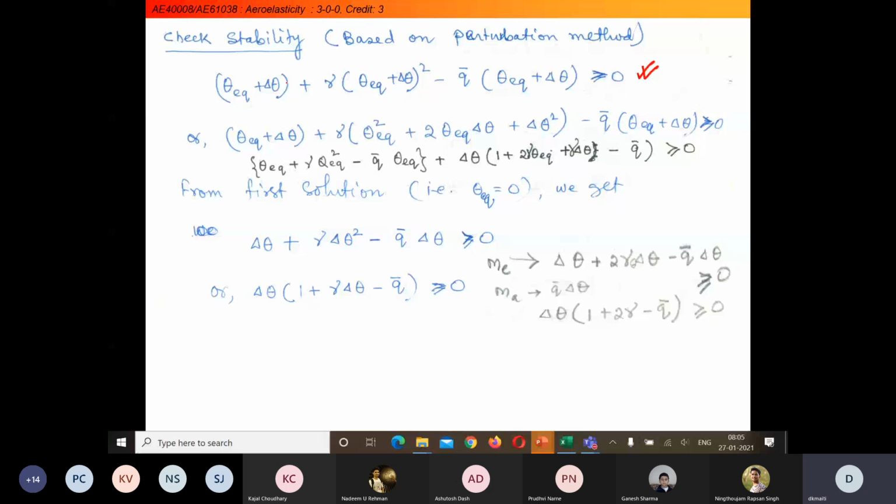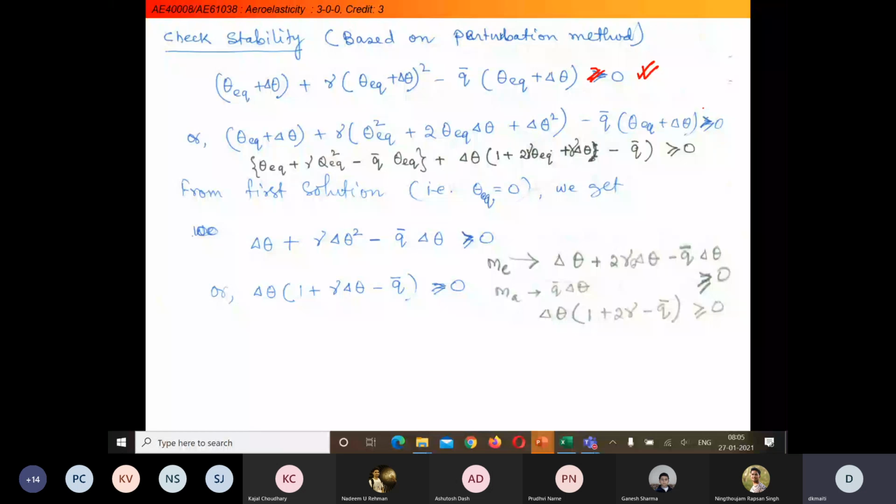Now I have rearranged the equation. The square term I am just expanding: theta equilibrium whole square plus 2 into theta equilibrium delta theta plus delta theta whole square, and the rest remains the same.